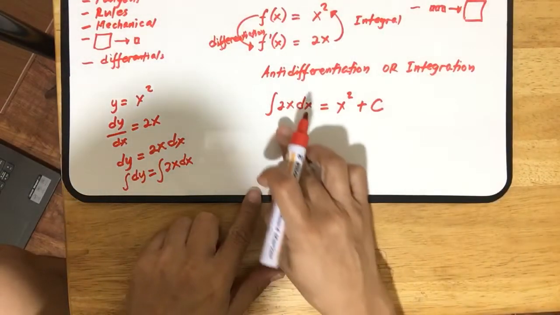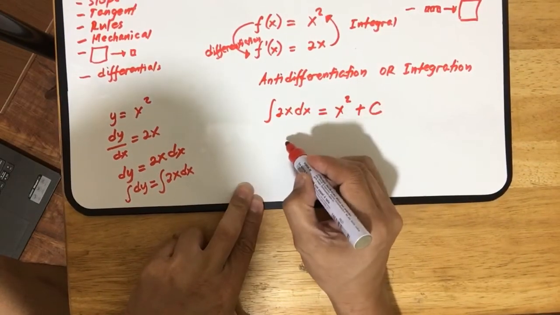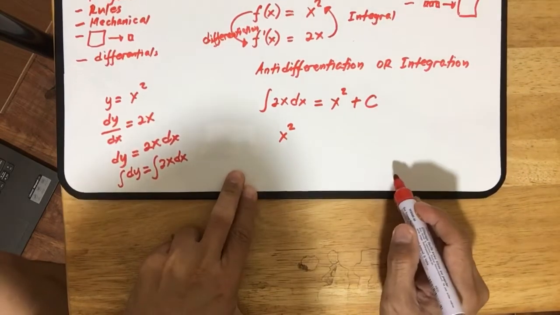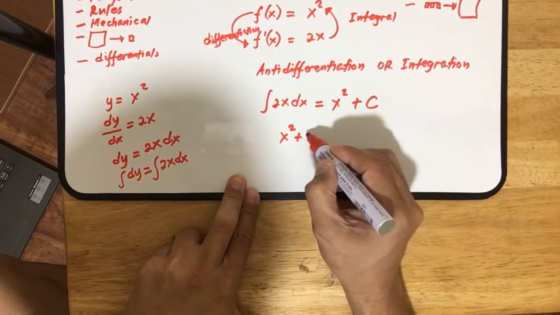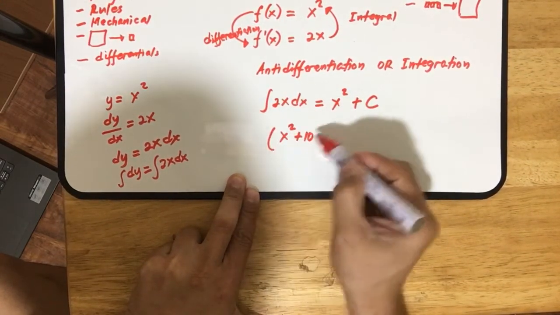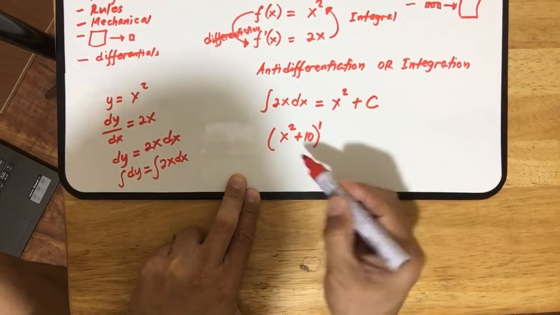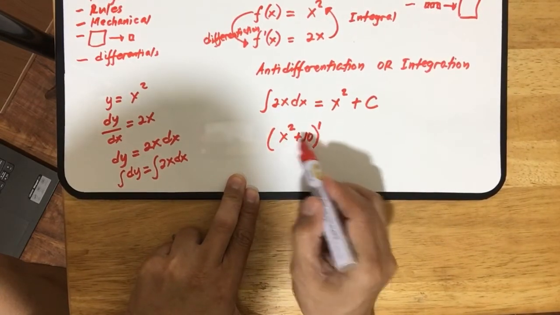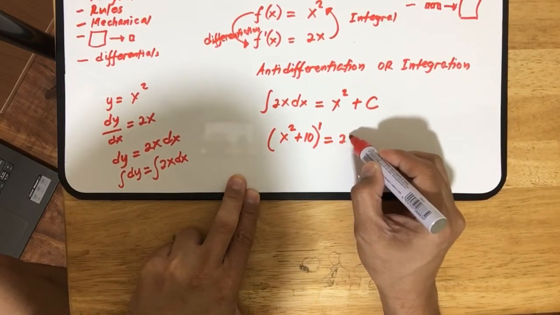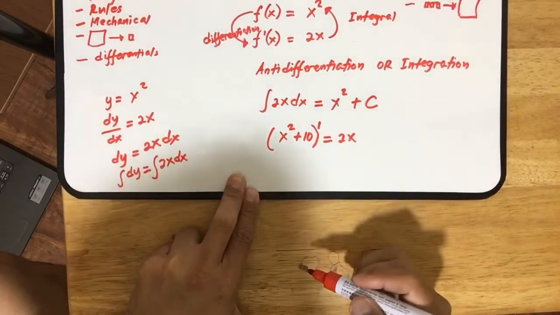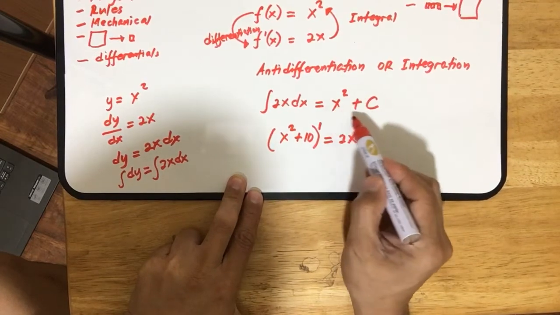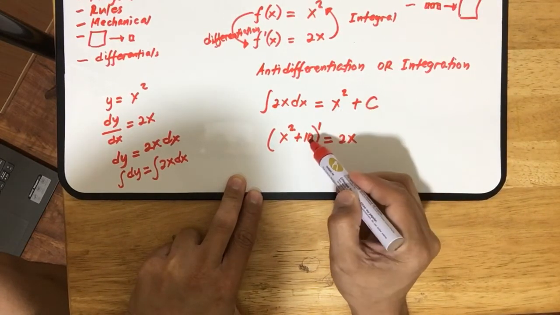For example, if you have x squared plus 10 and you take the derivative of this, applying the rules, you'll have 2x, right? It means that your c here is equal to 10.